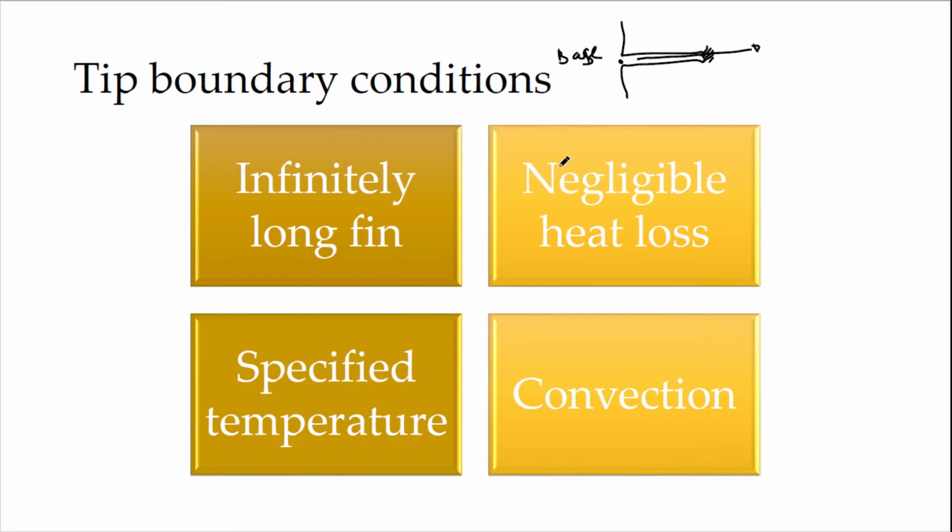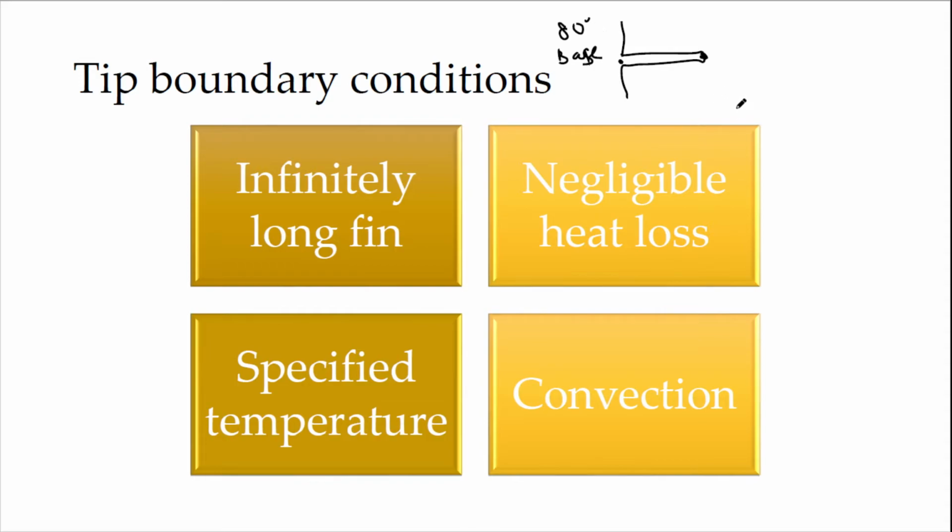The third one is specified temperature. Specified temperature means that we fix the tip at a certain temperature. Let's say your base is 80 degrees C, and we specify that the tip temperature is 40 degrees C. It's maintained at a fixed temperature of 40 degrees C. The last one is convection.